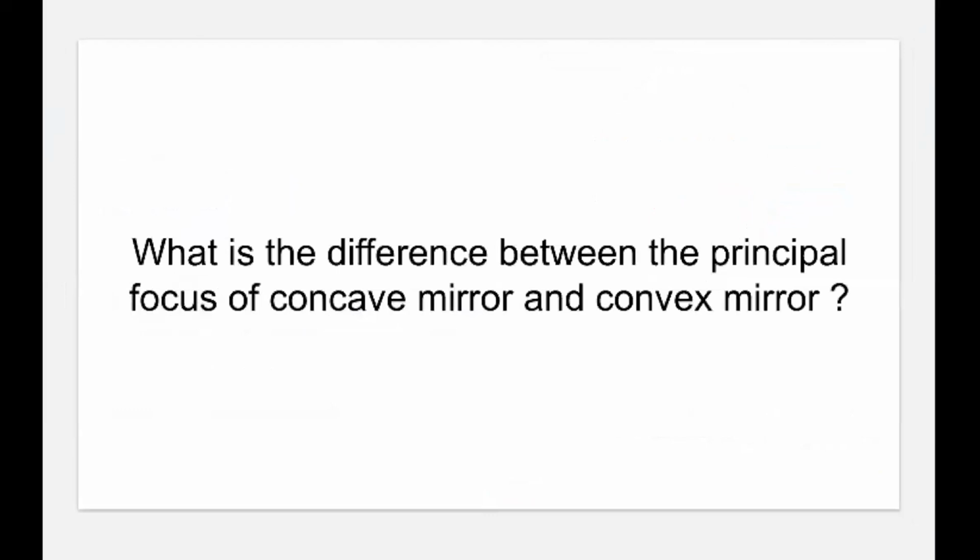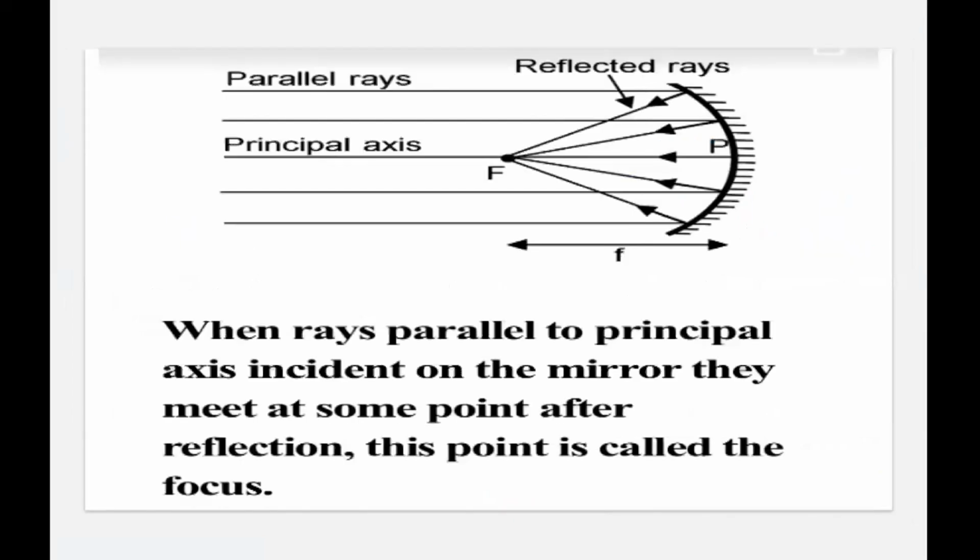So one question arises: what is the difference between the principal focus of a concave mirror and a convex mirror? Let us now see. When we speak of a concave mirror, you can see the reflecting part is here. The rays of light are parallel to each other.